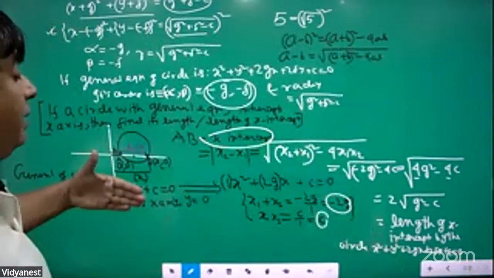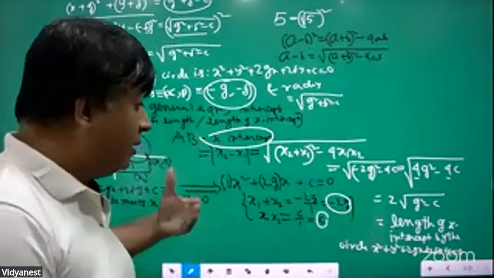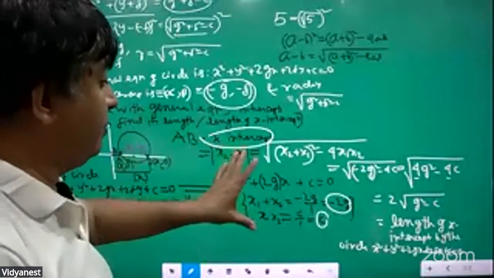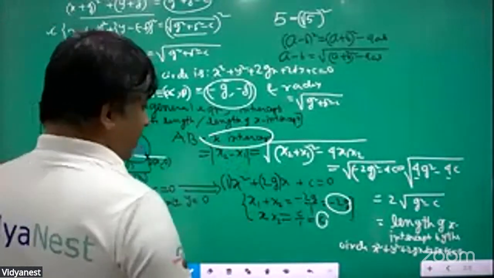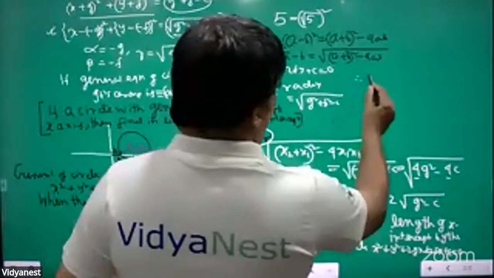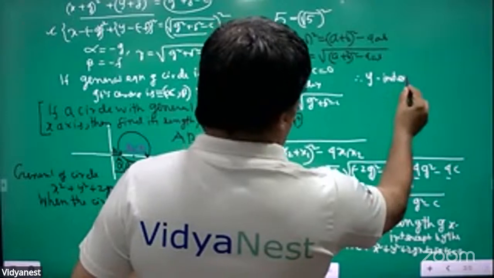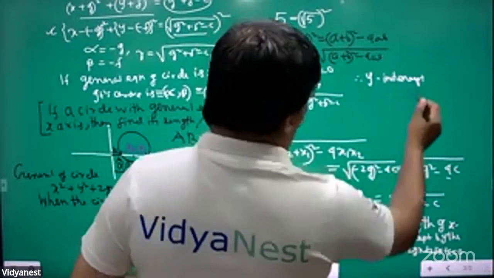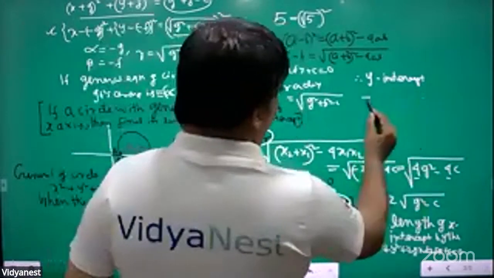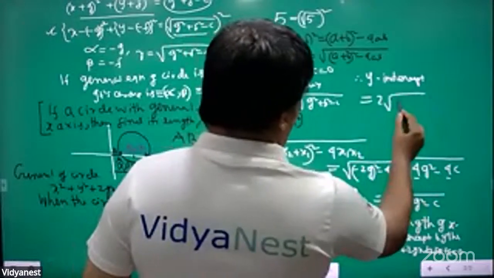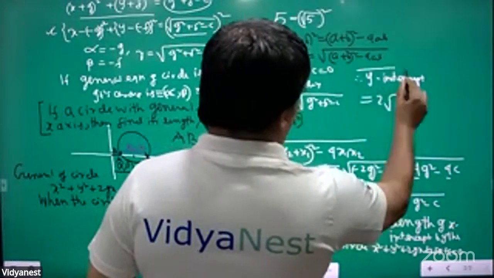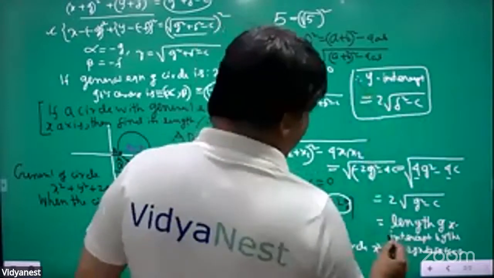Taking the cue from the x-intercept, we can easily establish the y-intercept. Same type of formula, so no point in proving again. Twice root of f square minus c, that is the y-intercept.